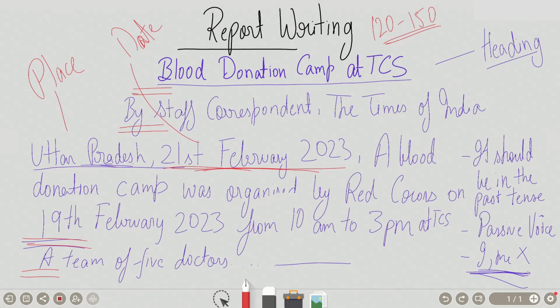First the introductory paragraph, then the basic details, like a team of 5 doctors and 20 nurses were present at the location. You can also mention some imaginary doctor names, for example Dr. Akash, Dr. Vijay, or whatever you want to write. Then you will end this report.